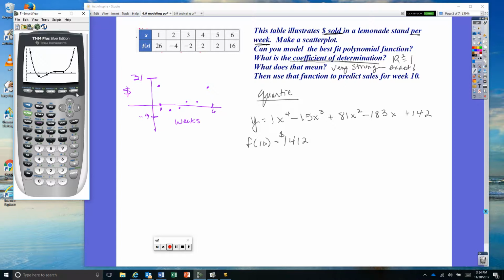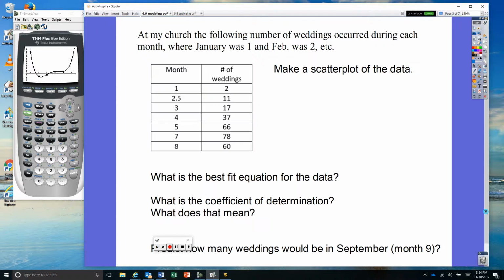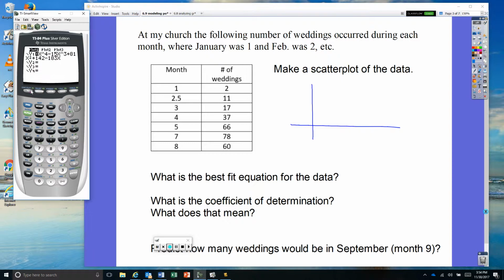Okay, let's try one more. At my church, the following number of weddings occurred during each month. In January was month 1, February is month 2, etc. Make a scatter plot of this data. So, I'm going to have to go to my stat. First, I'm going to press my y equals, and I'm going to clear out my equation.